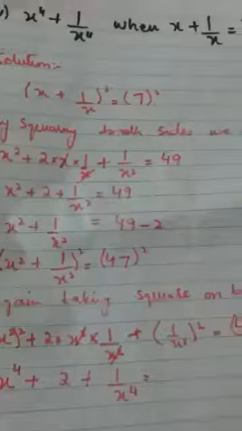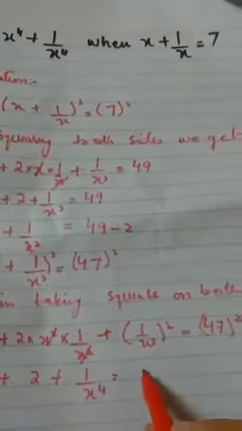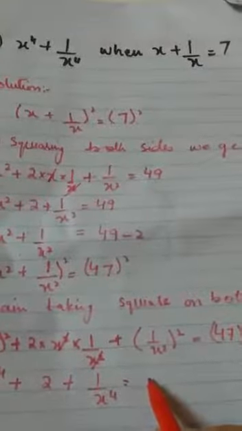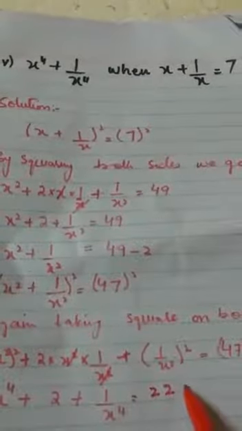Now x power 4 plus 2 plus 1 upon x power 4 is equal to, now you see that power 4, 47 into 47 is 2209.